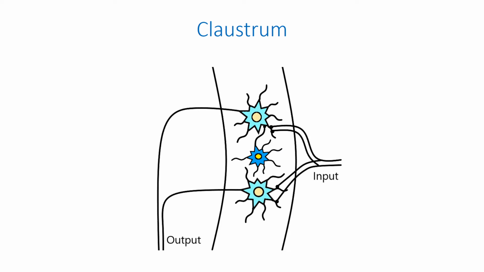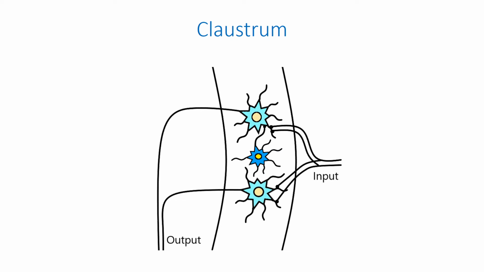It is reciprocally connected with almost all cortical areas, including motor, somatosensory, visual, auditory, limbic, associative, and prefrontal regions, and receives neuromodulatory inputs from various subcortical structures.